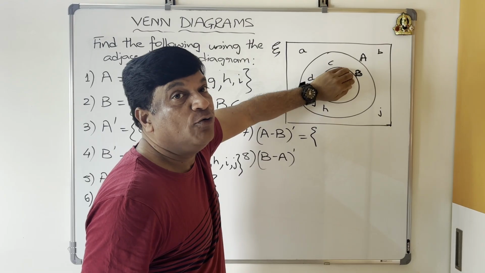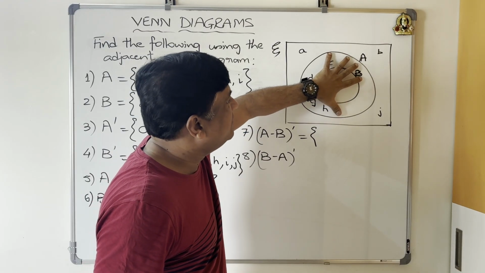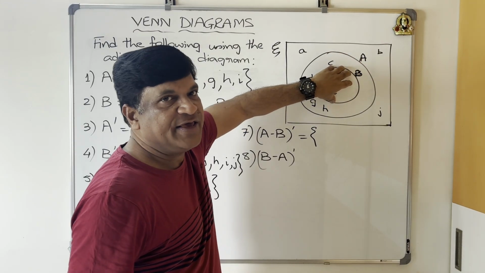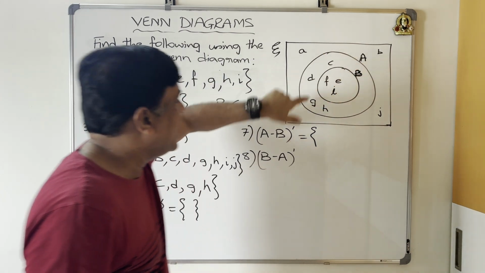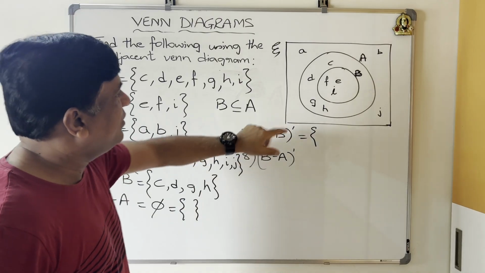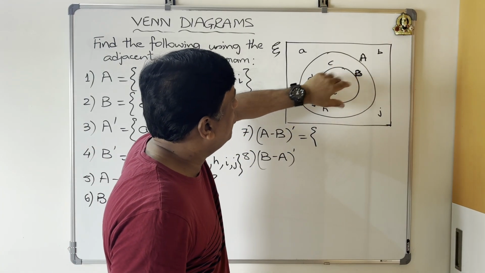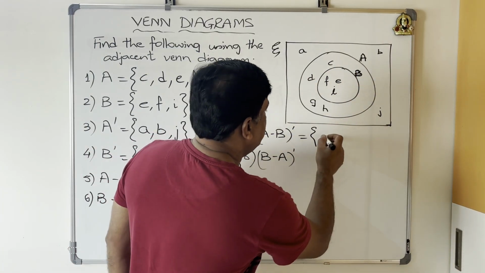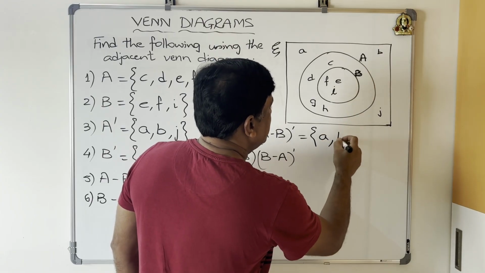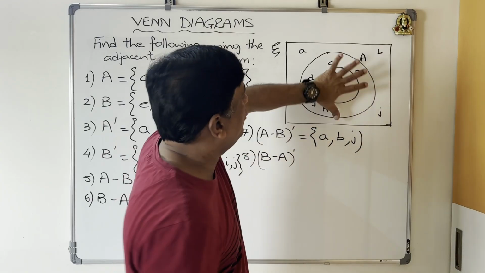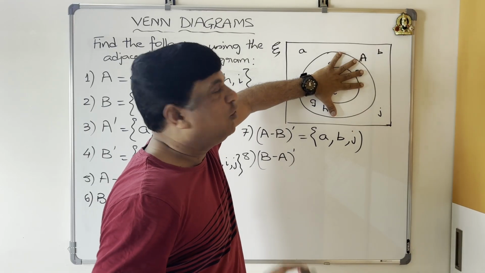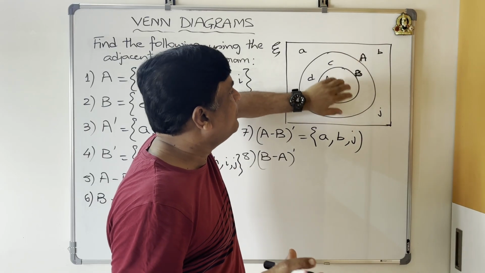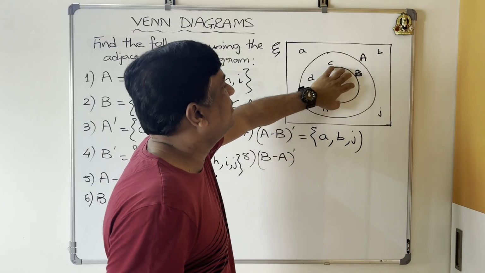You cannot include them also. A consists of A and B. Remember always, A and B is within A over here. So in this particular case, you're going to include only A, B and J. Because what you're trying to do is that you're closing A completely over here. So B is part of A, so you're not going to consider those.